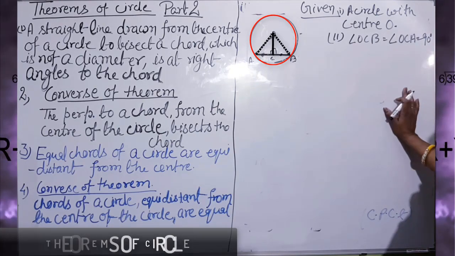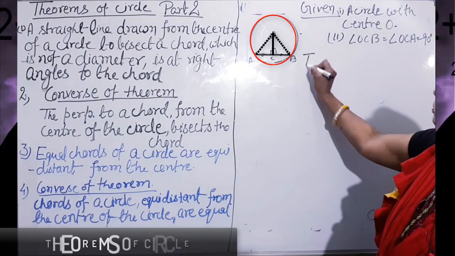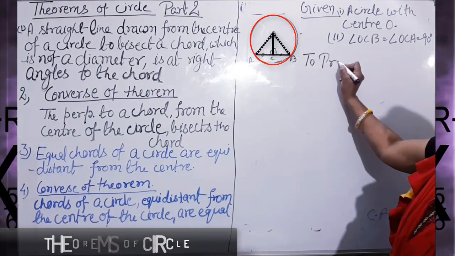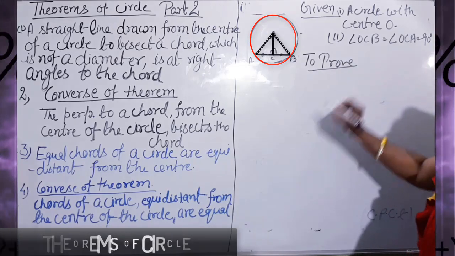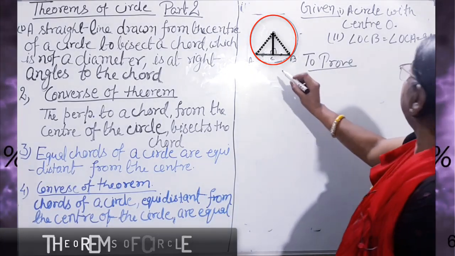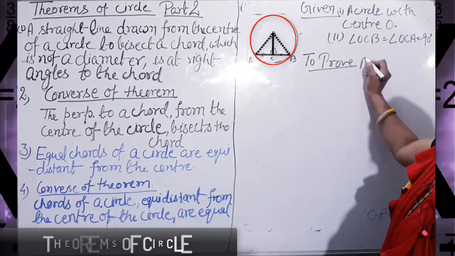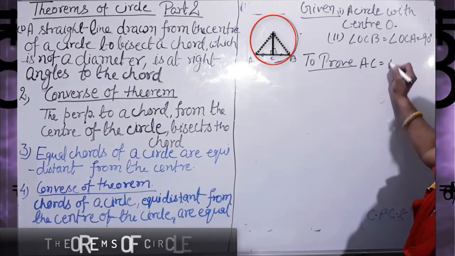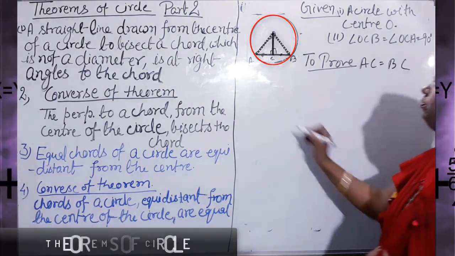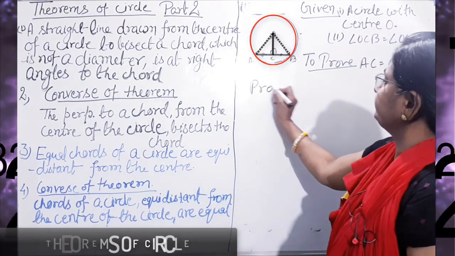It is given. Now, what do we have to prove? We have to prove AC is equal to BC.